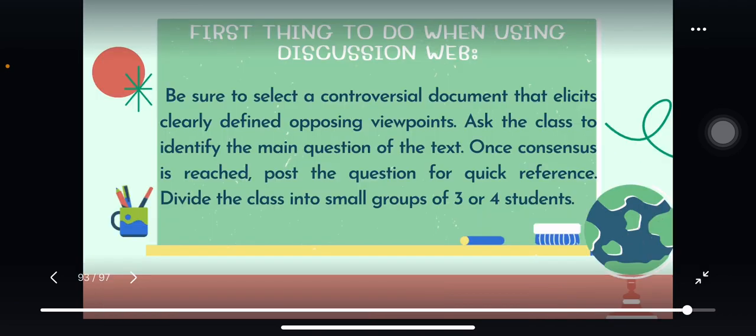Then the first thing to do when using a discussion web is to make sure to select a controversial document. It is very important since the goal of the discussion web is to provide a viewpoint of both sides. By doing that, it elicits clearly defined opposing viewpoints, either bad or good.